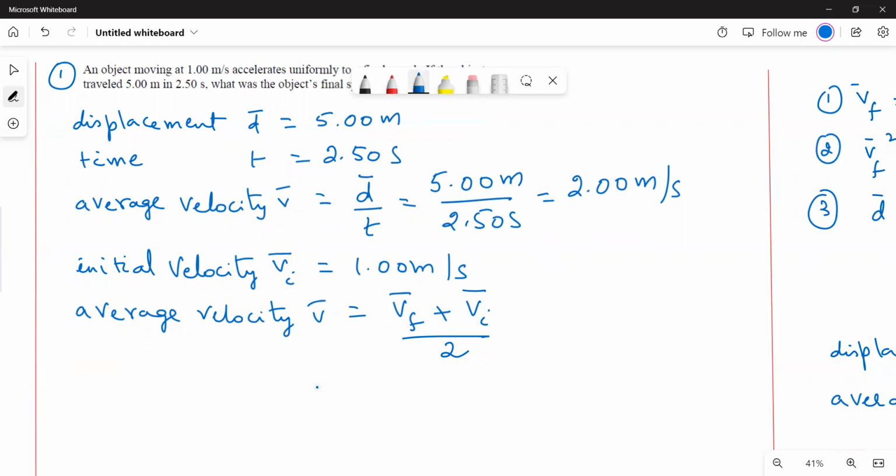So 2 meters per second times 2 is equal to Vf plus Vi. Instead of Vi, I directly write the value, 1 meter per second.